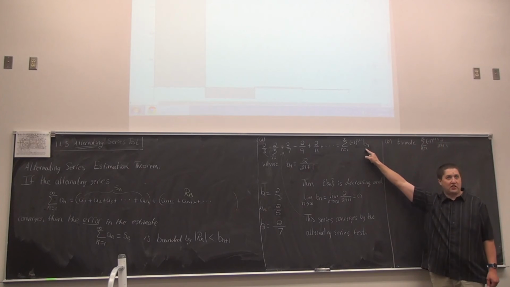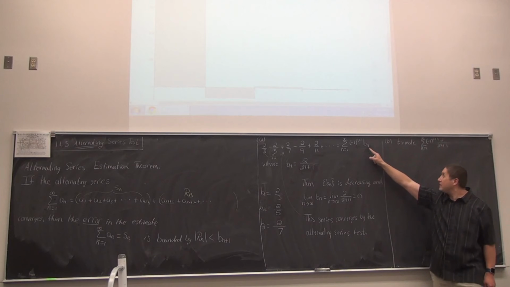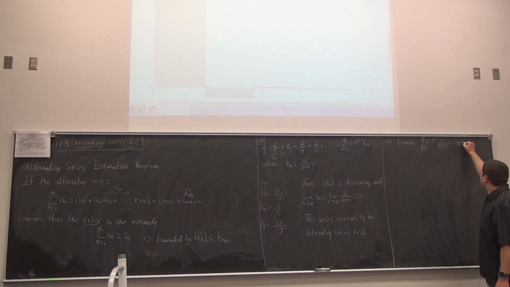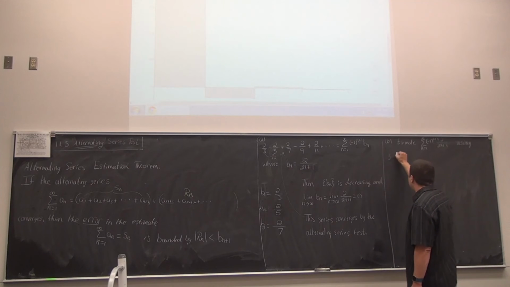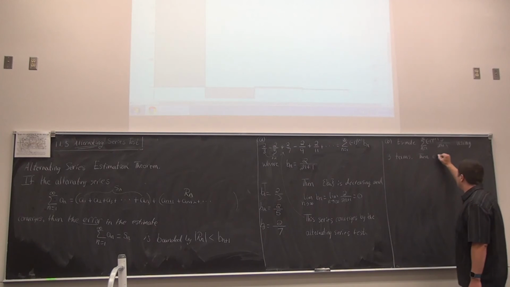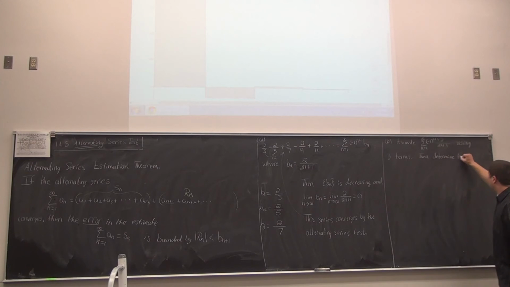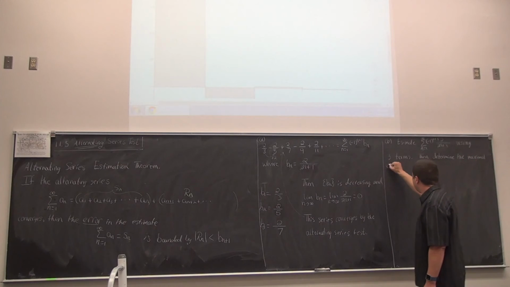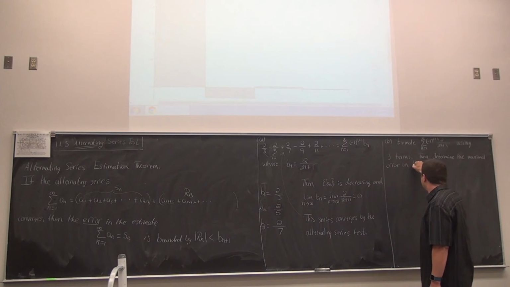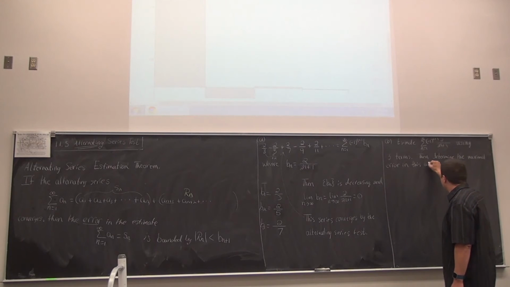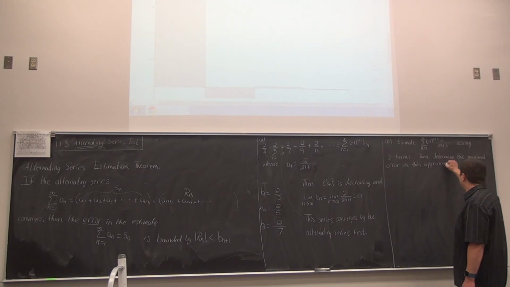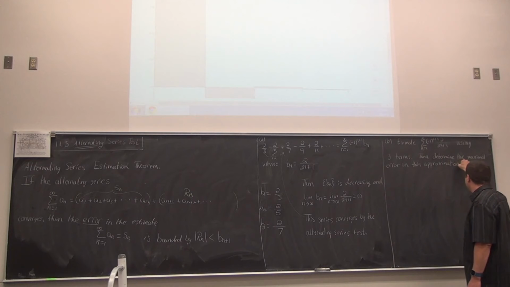We might as well cheat a little and just take this because we found a great formula for it. Estimate this using 3 terms. Then determine the maximal error in this approximation, or estimation. Let's go with approximation. That should be okay. So that's what a typical problem ought to look like.